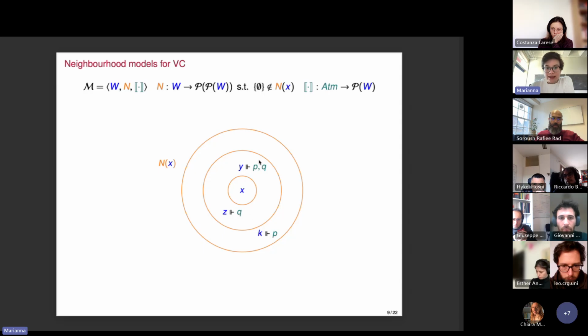This means that y satisfies p and q. Now you can notice that the system of neighborhoods that I've drawn here is quite peculiar. And indeed, this is because we are in logic VC.